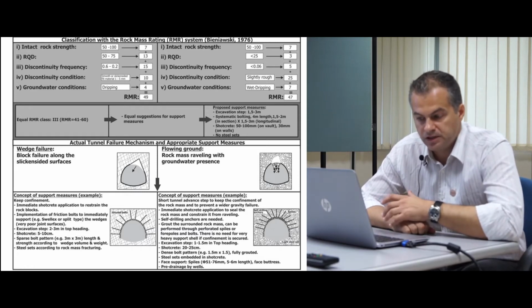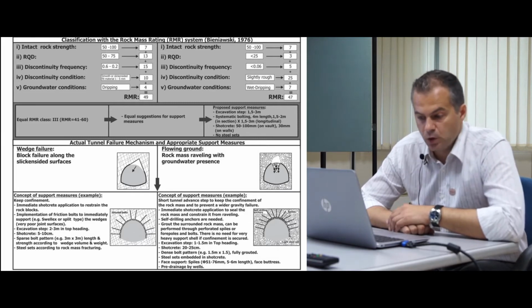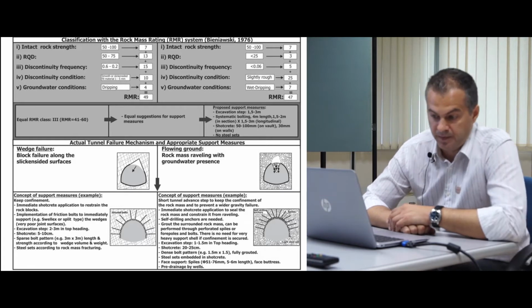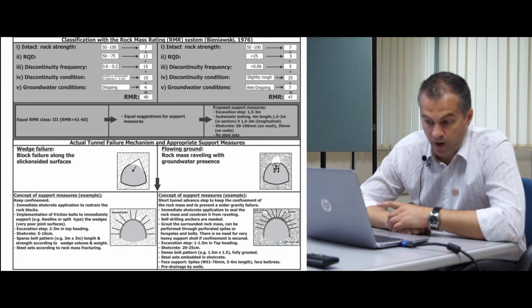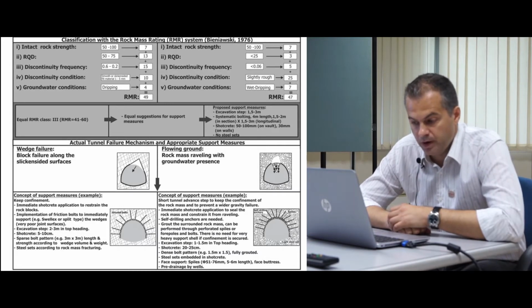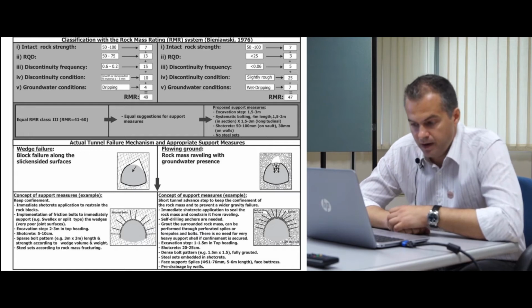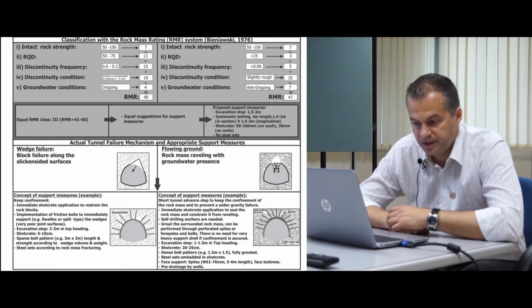So in the first case, we need, let's say, to keep confinement, so immediate shotcrete application to restrain these rock blocks, and implementation of friction bolts, say Swellex or split-type rock bolts, because we have these slickensided surfaces. So the wedge slide or fall would happen immediately.